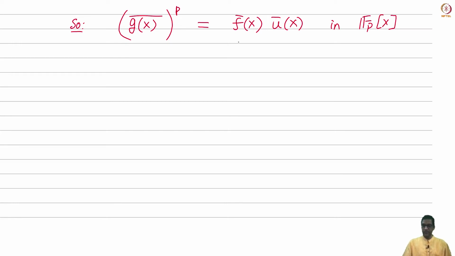It means that f bar and g bar must have a common factor. Let's establish that properly. Let's just take an irreducible factor of f bar. So let some polynomial v bar be an irreducible factor of f bar.